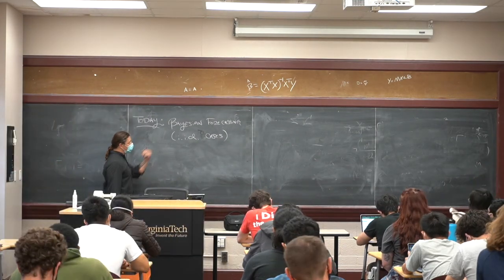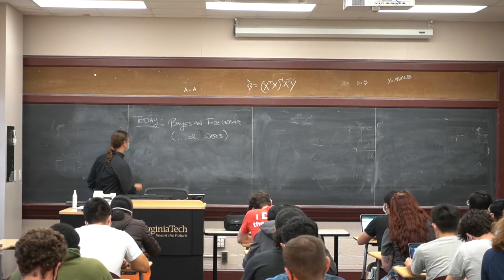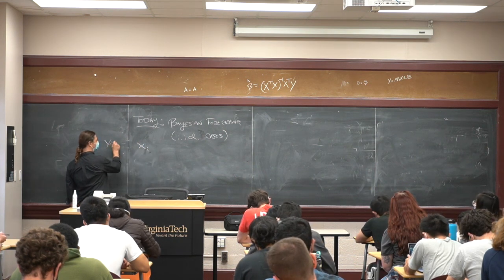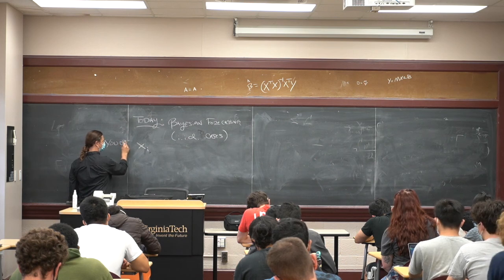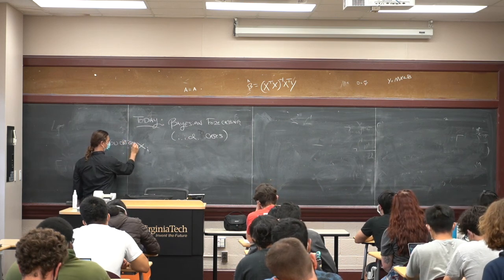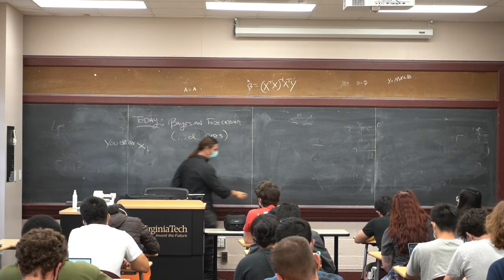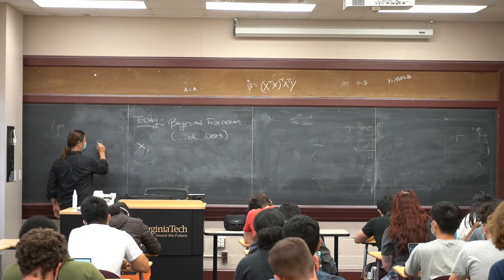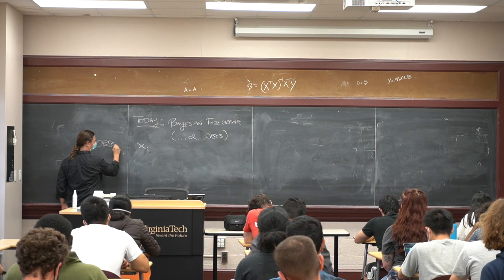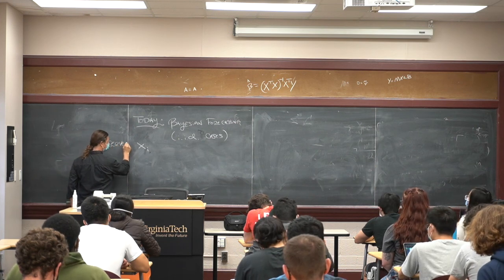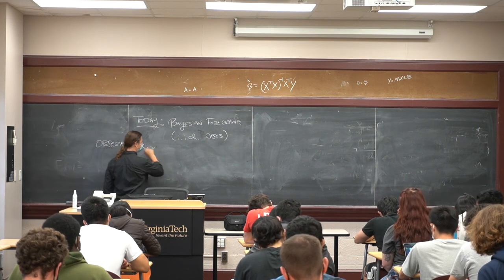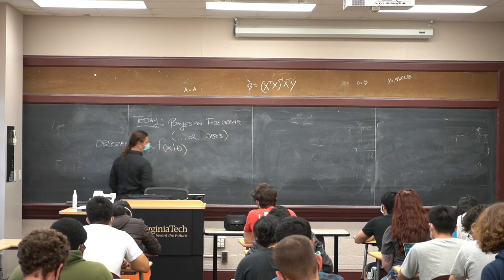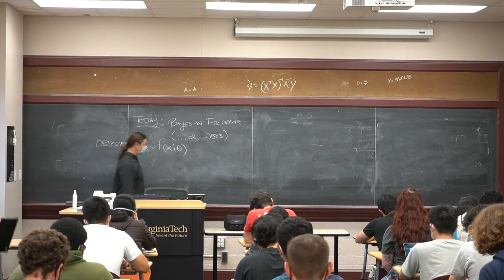So, Bayesian forecasting. So here's the idea. You see a collection of data, you observe, you get to see X's, some data. It comes from some model. And there's some unknown parameters in here.